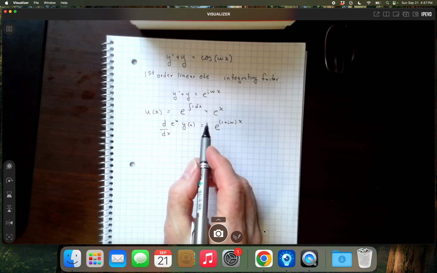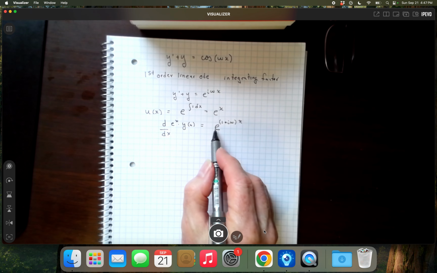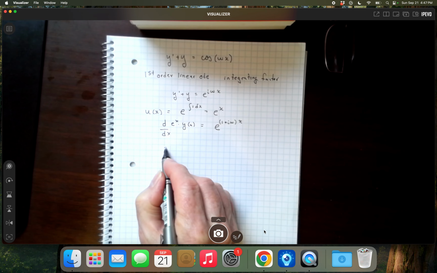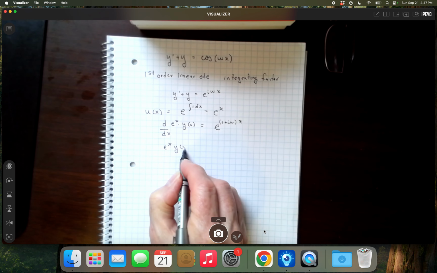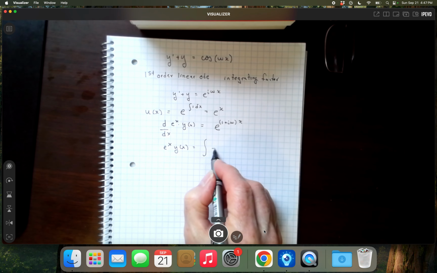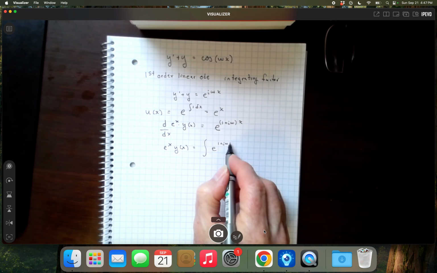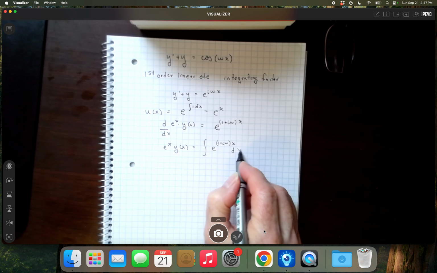Now, how do we isolate y of x? We integrate both sides. And when you integrate the left side, you're left with e to the x y of x, and we have to integrate e to the (1 plus i omega) x dx.